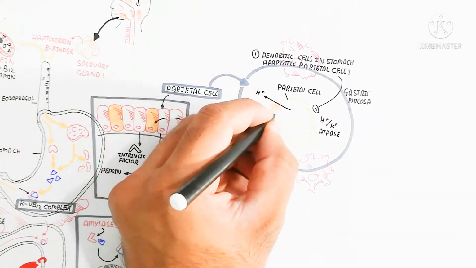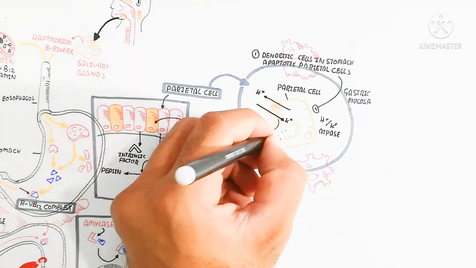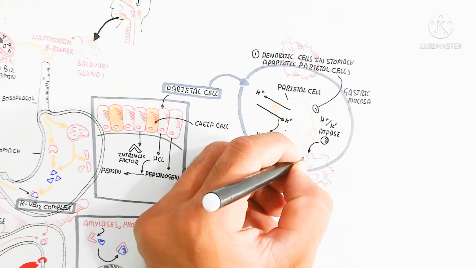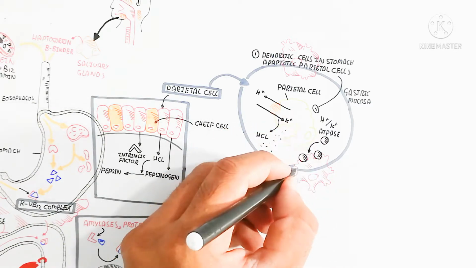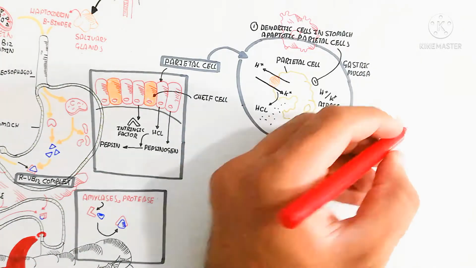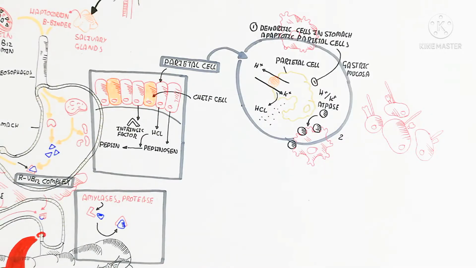Apoptosis will occur. The parietal cell here is the gastric mucosa, and here is the hydrogen potassium ATPase pump, which is an enzyme used for hydrogen and potassium exchange to release hydrochloric acid.